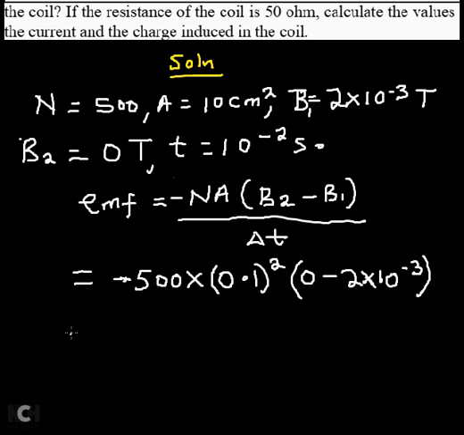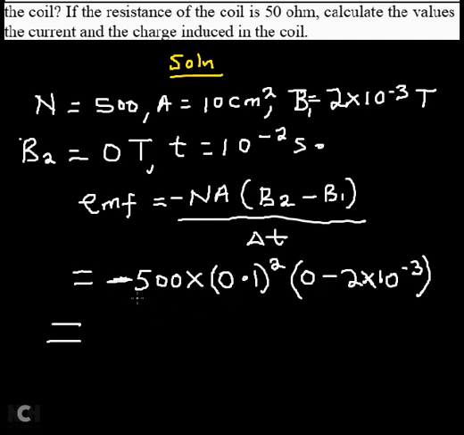So let's actually evaluate that. Here I'm having 0 minus 2 times 10 raised to the power minus 3, which is still minus 2 times 10 raised to the power minus 3. Then minus times minus, you know, is going to be plus. The minus times minus actually cancel out to give me plus.